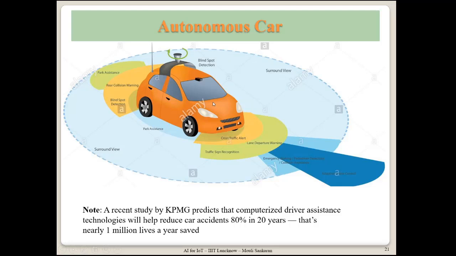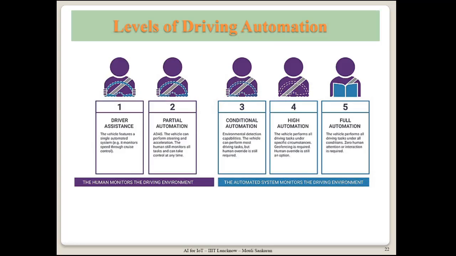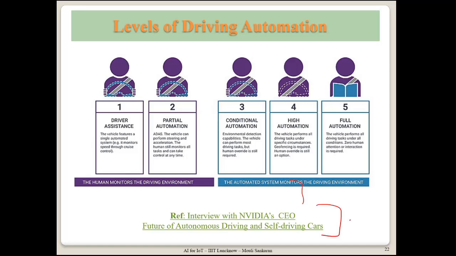And you know that NXP, Qualcomm, a lot of companies are working on making chips for this autonomous car. If you want to know how autonomous driving is going to evolve, please read through this interview by the CEO of NVIDIA. Very interesting, very thought provoking.